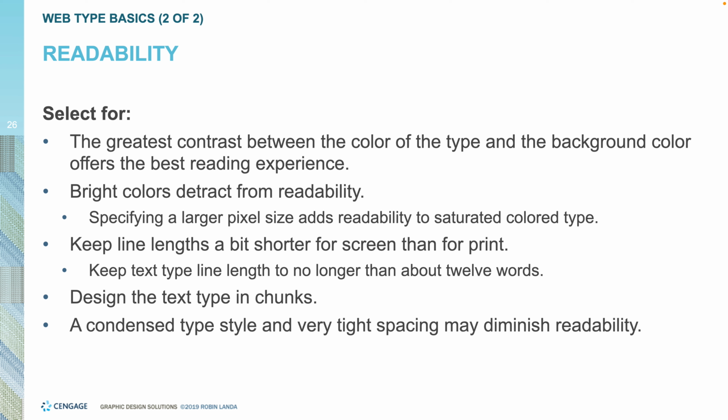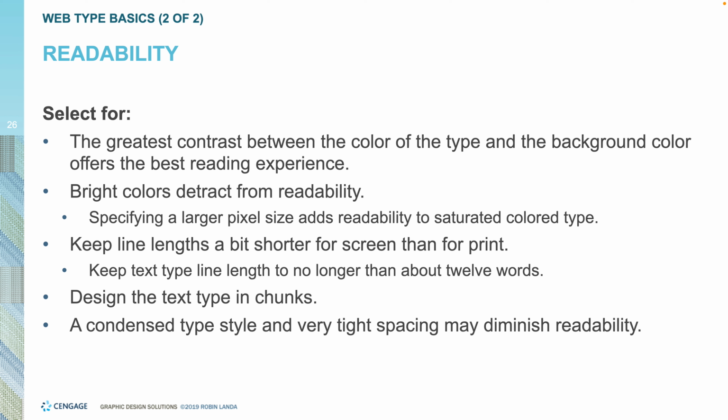The other thing we want to work with is to reduce the length of our type for our columns inside here. So we start looking at keeping the line lengths a bit shorter. They talk about 12 words when you type it out; that would be where they want to keep it, or smaller.